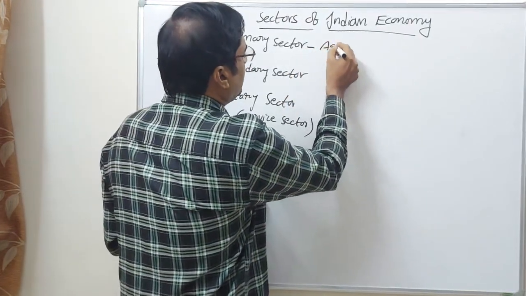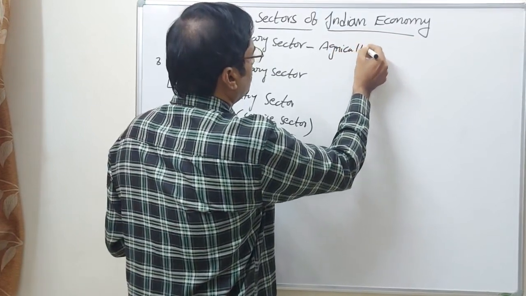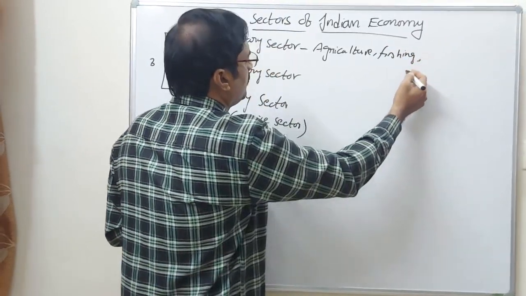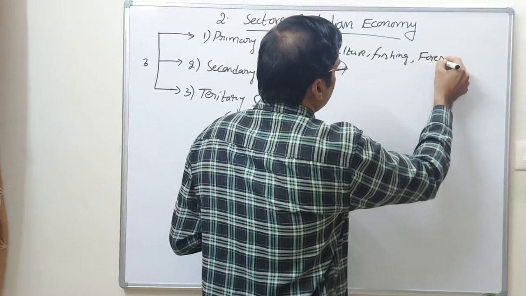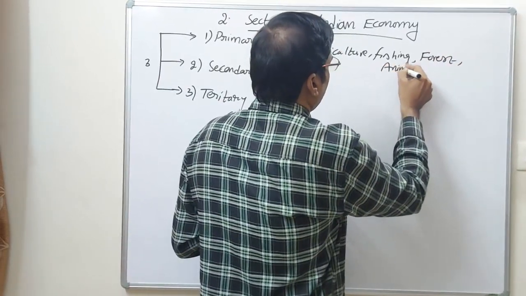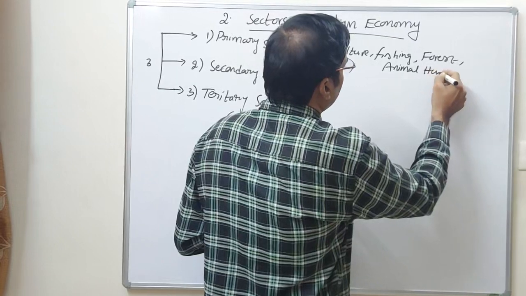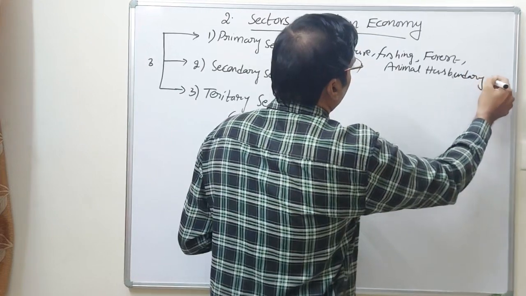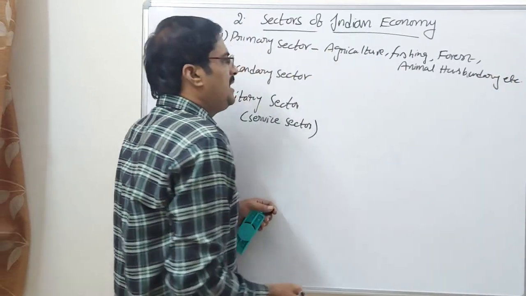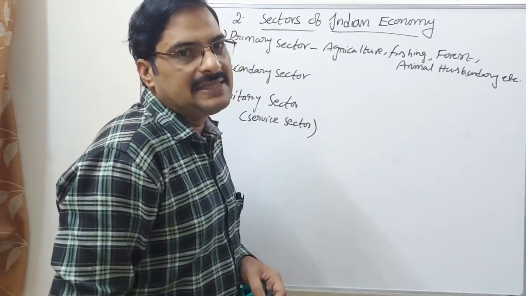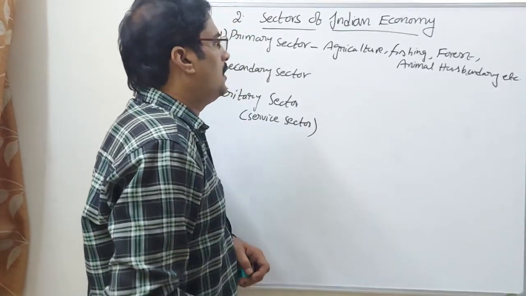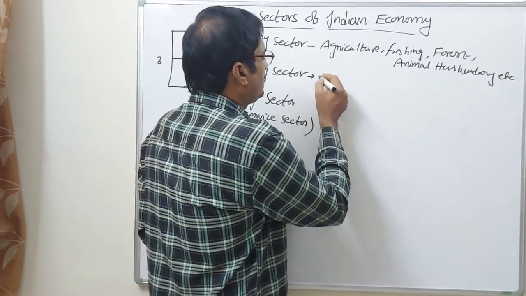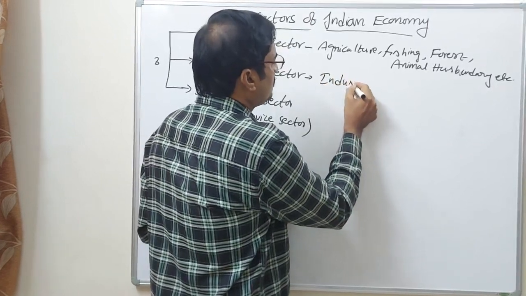Primary sector is nothing but agriculture, fishing, forest, animal husbandry, and mining also comes under the primary sector. The other part we have to discuss is the secondary sector. Secondary sector is nothing but industries.